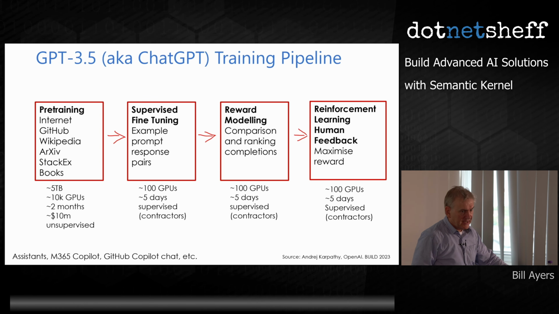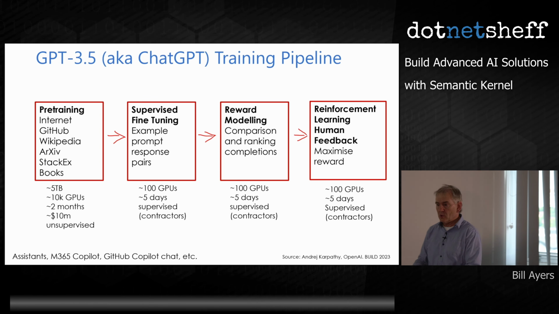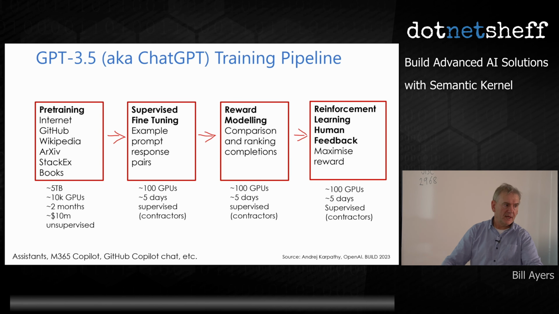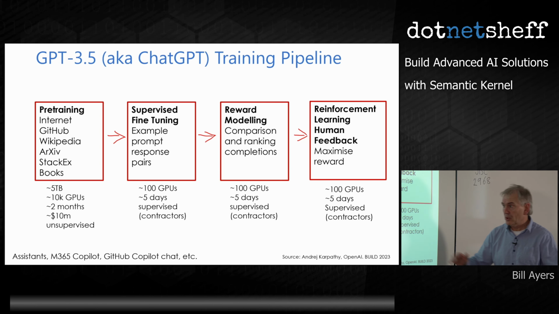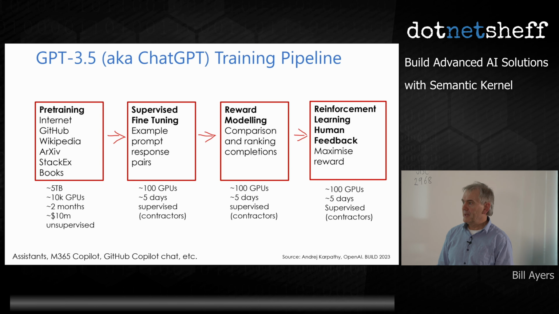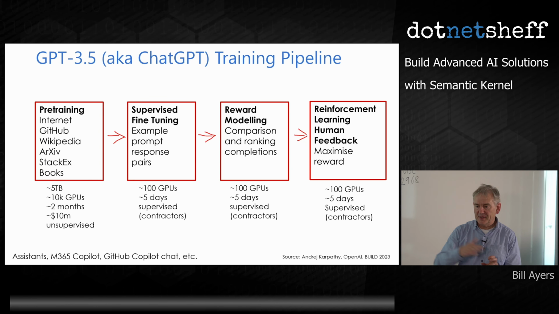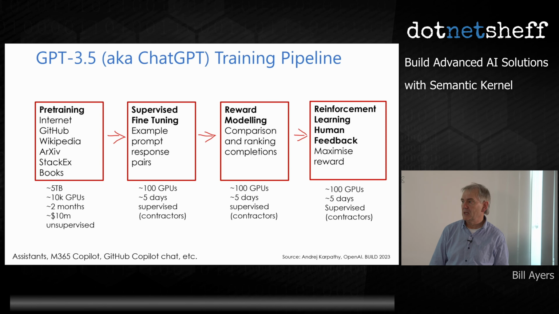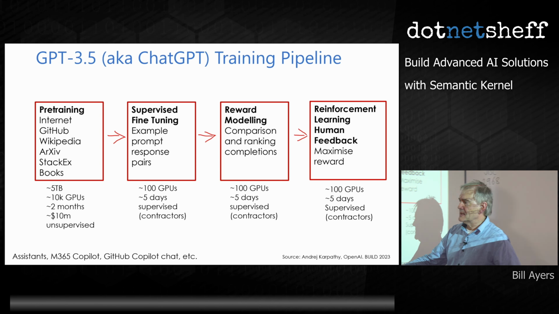That uses a technique called unsupervised learning, which means you just throw data at the model and let it figure it all out. And eventually, these transformer models are so good that they will pick up the meaning of all these words and become very good at predicting either the next token or even a missing word from a sentence. But that's very expensive.